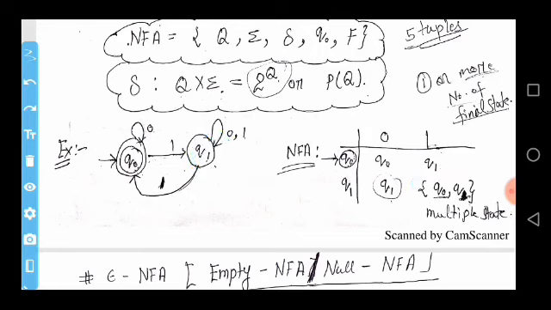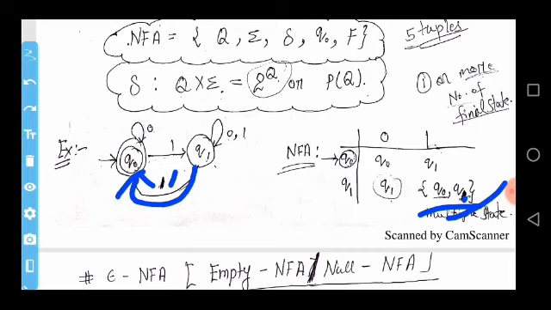At the position of Q1, when we give 0 as an input symbol, it goes to itself, Q1. So here we write Q1. And when we give 1 at this position, then we get two outputs, two states. One is Q1 itself and another one is Q0.